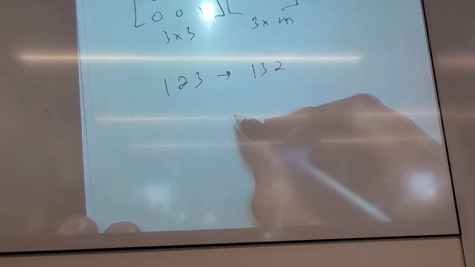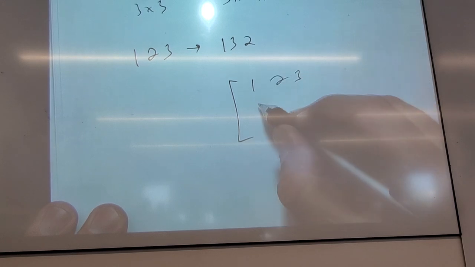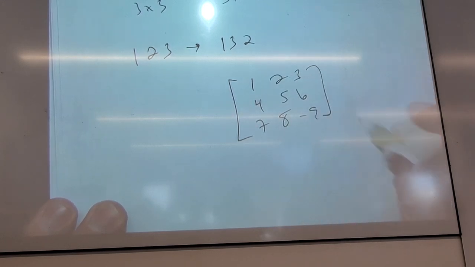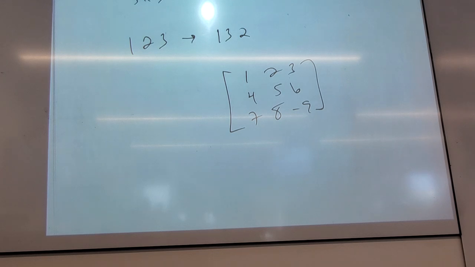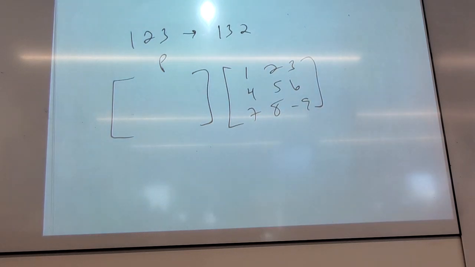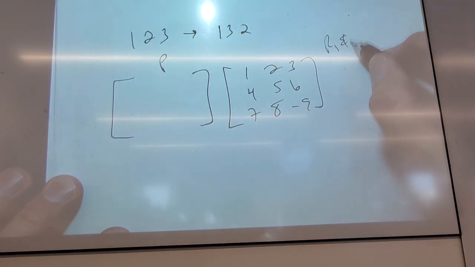So if I wanted to reorder a given matrix, if I wanted to make row 2 and row 1 switch, how do you think that would be represented in my permutation matrix? I want to make row 1 and row 2 switch.